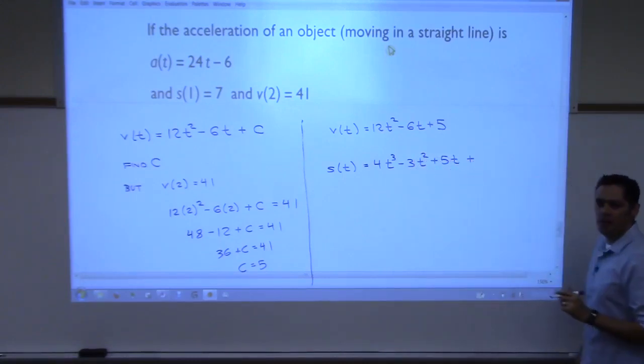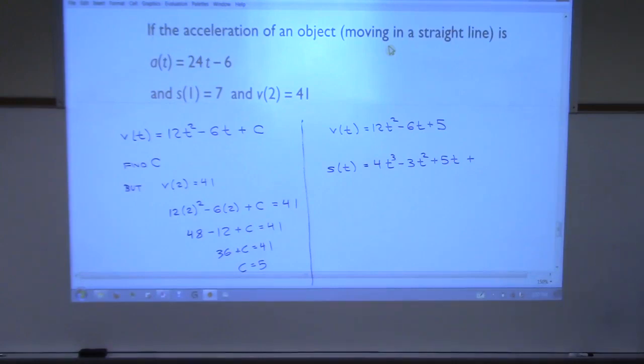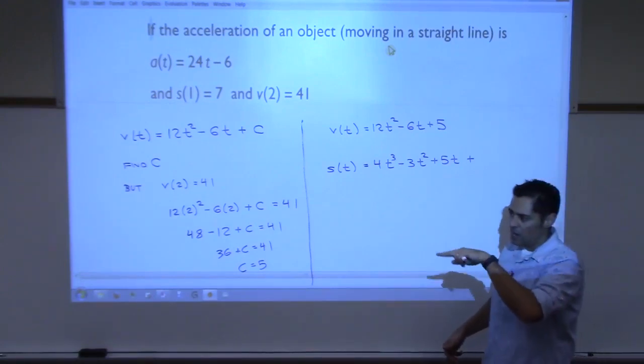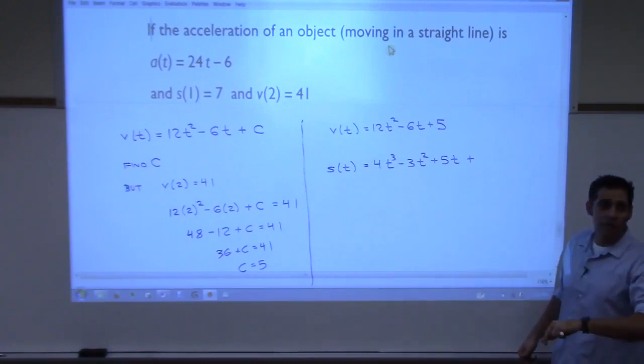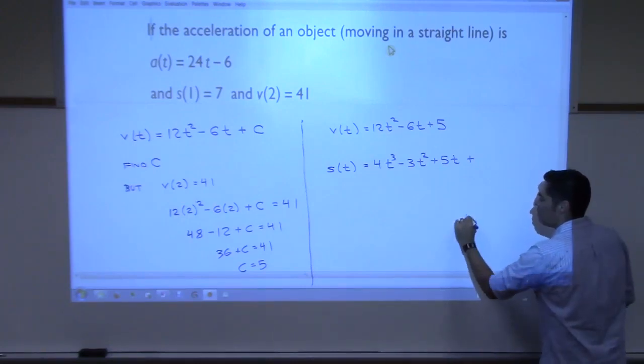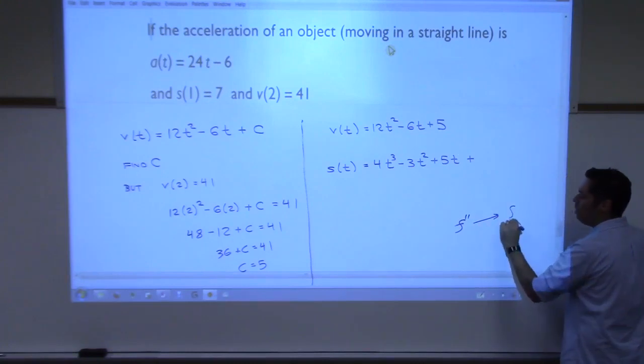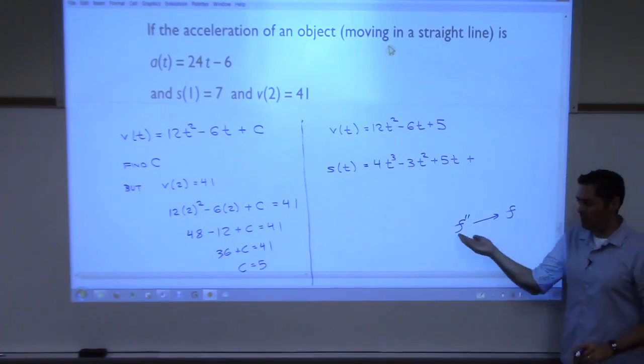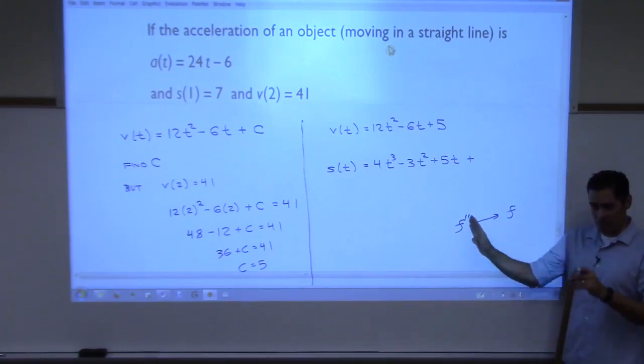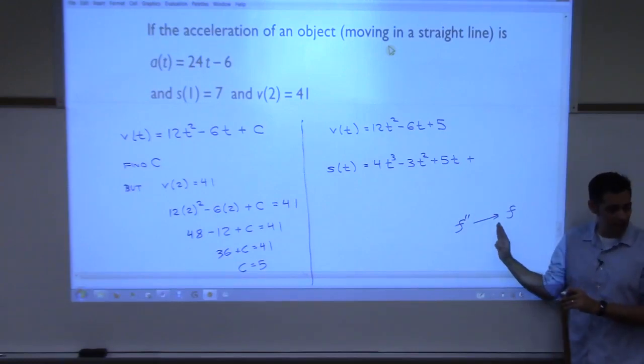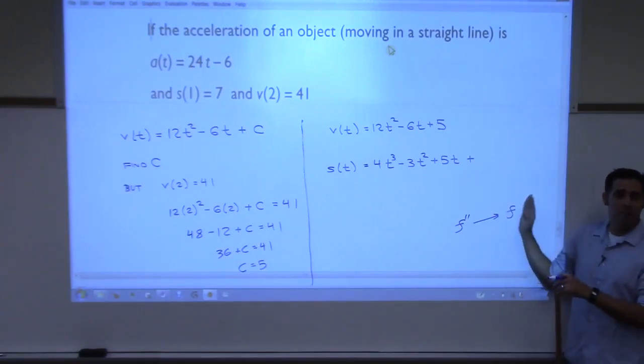Now here's my recommendation. If you're ever going to go back twice, like from acceleration to velocity and velocity to position, or sometimes you'll be asked in your homework to go from f double prime all the way to f, that means you got to go from f double prime to f prime first, and then f prime to f.